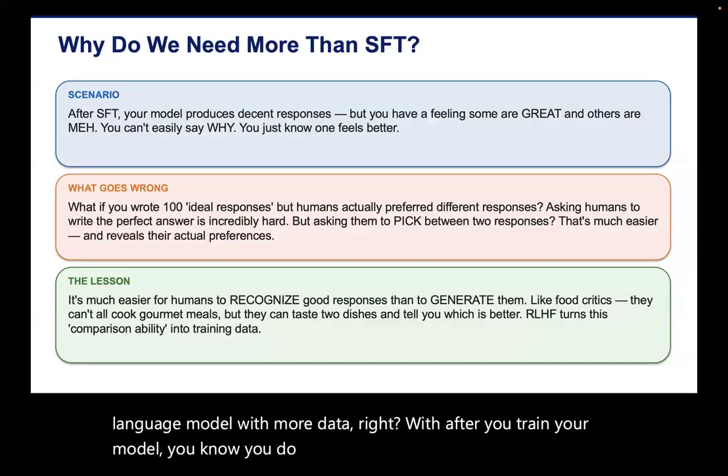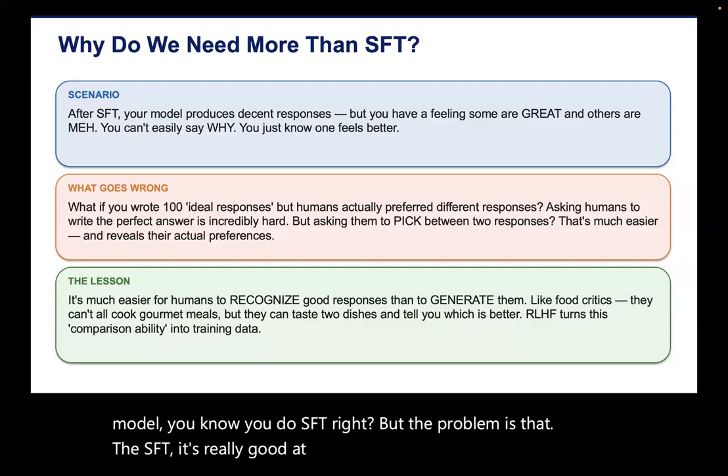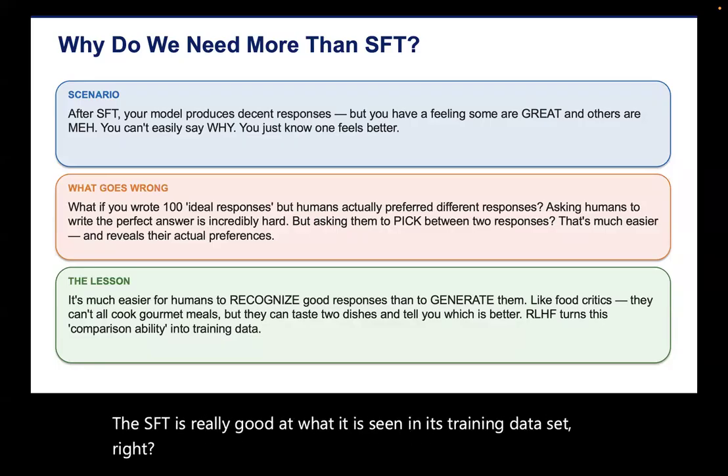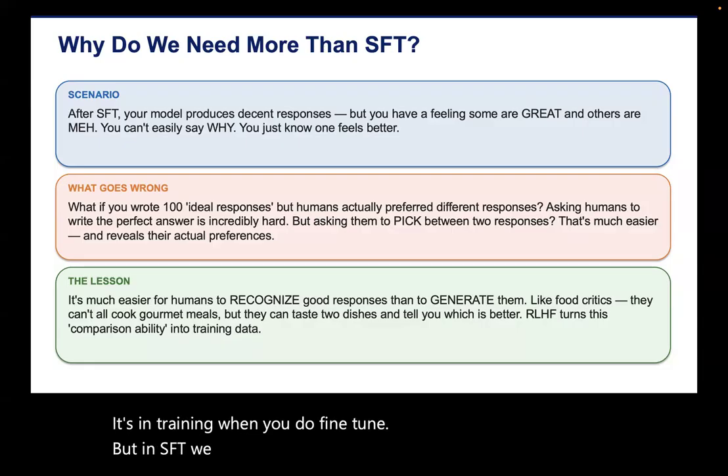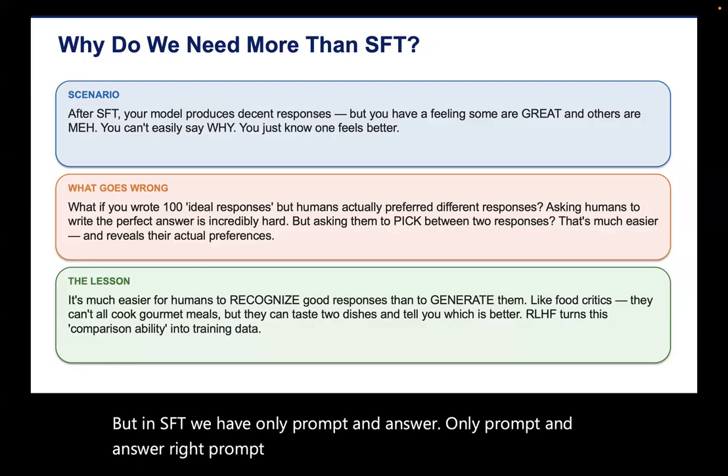But the problem is that SFT is really good at what it is seeing in its training data set, right? When you do fine tuning in SFT, we have only prompt and answer. Only prompt and answer, right?